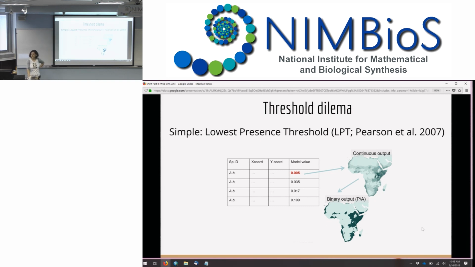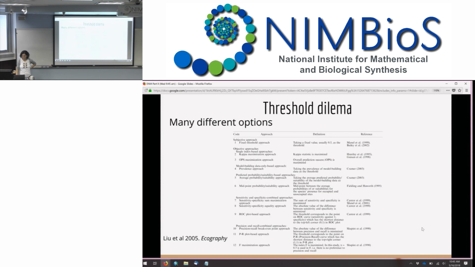I'll just point out that there's a growing body of literature about a very interesting linkage between these models and abundance or population density. It's using kind of a trick, and it's not related to these specific probability or suitability values. Rather, it's related to distance to the centroid of the ecological niche, the fundamental niche. So there's all sorts of complexities involved.